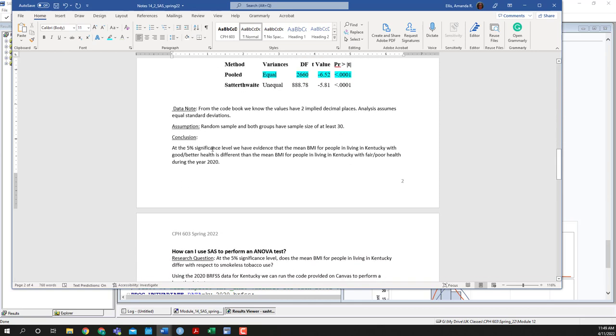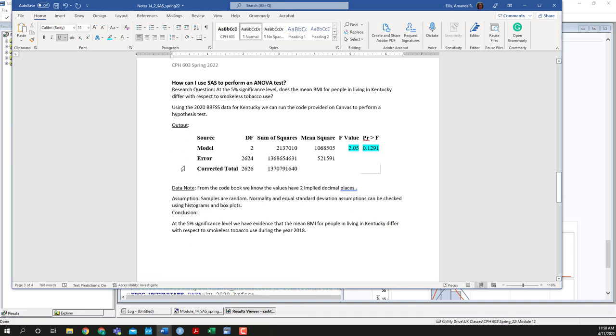So at the 5% significance level, we have evidence that the mean BMI for people living in Kentucky with good, better health is different than the mean BMI for people living in Kentucky with fair, poor health during the year 2020. And notice up here in my data note, I am noting those 2 implied decimal places with BMI, as well as our analysis is going to assume equal standard deviations.